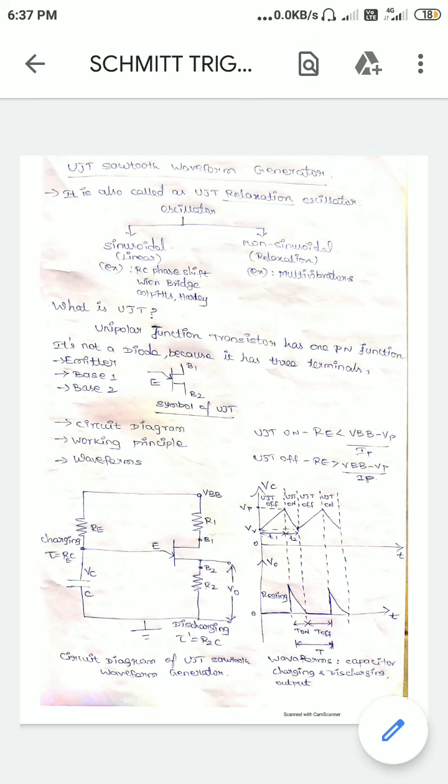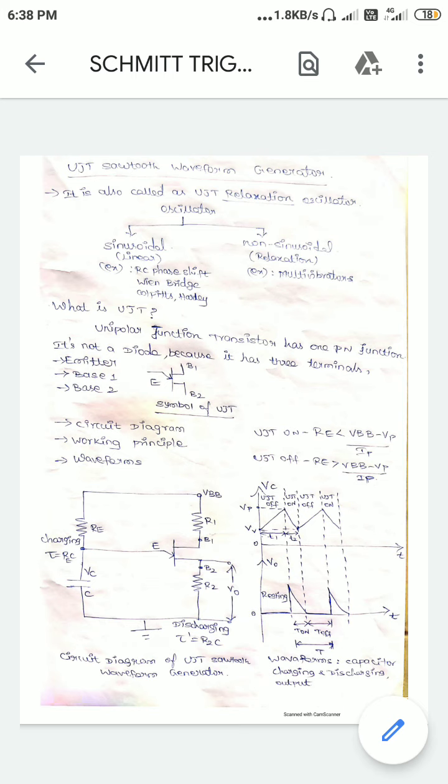When the capacitor voltage reaches the peak voltage, it automatically starts discharging. During the discharging cycle, the voltage is decreasing from the peak voltage Vp to the valley voltage, like an exponentially decaying waveform. At that time the UJT will be in the on state.